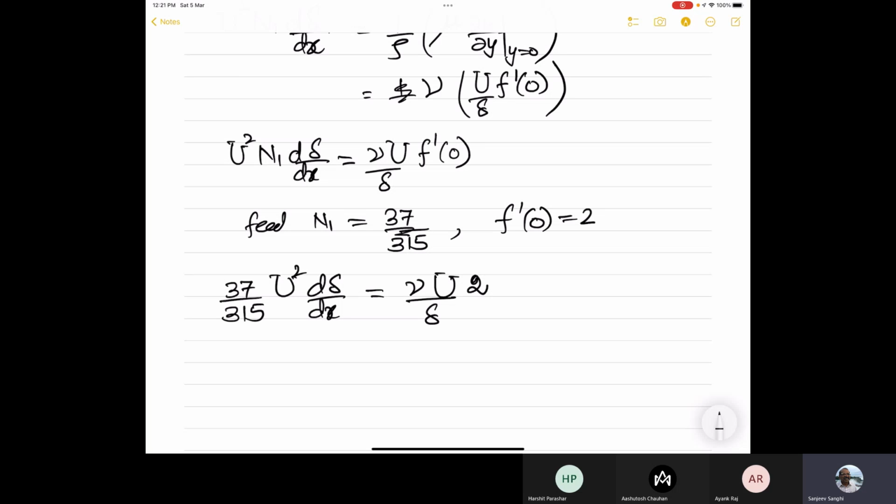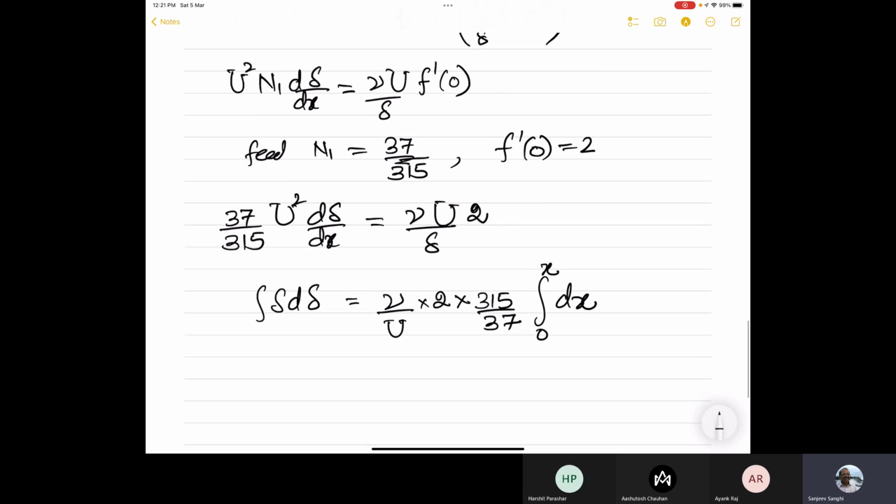And then we can separate the variables. The integral of delta d delta will be equal to nu upon U times 2 into 315 upon 37, integral from 0 to x.